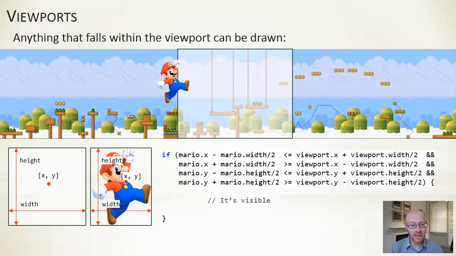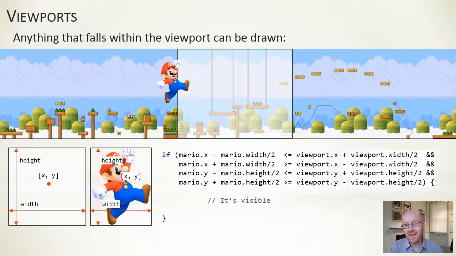As soon as we get a condition where Mario isn't visible, we'll stop that particular evaluation and exit out of the if. So what types of situation would mean that Mario isn't visible? Think of Mario as having a top, a bottom, a left, and a right.